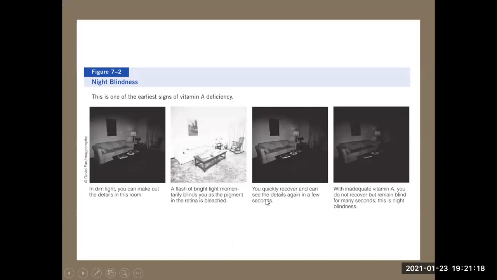If he has enough vitamin A, he can adapt and see things more clearly, whereas a person with inadequate vitamin A did not recover but remains blind for many seconds. He remains not adapted to the situation for a longer duration than a normal person, and this is called night blindness.